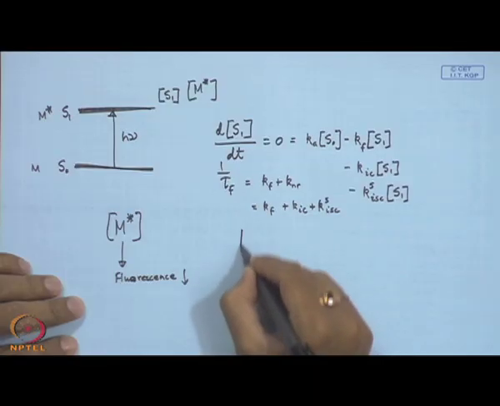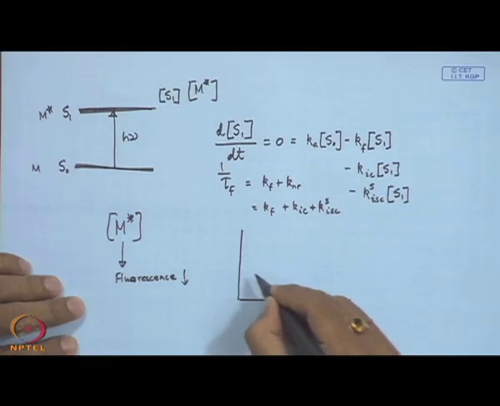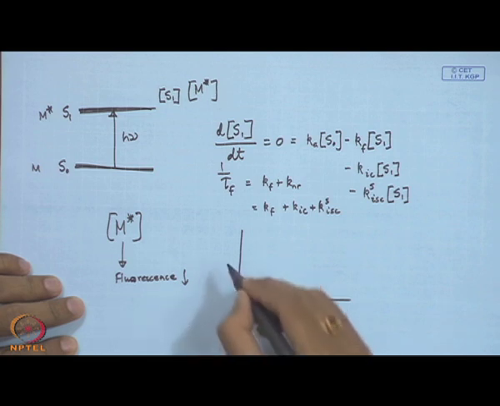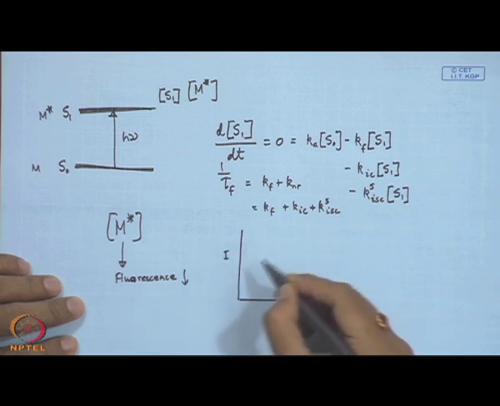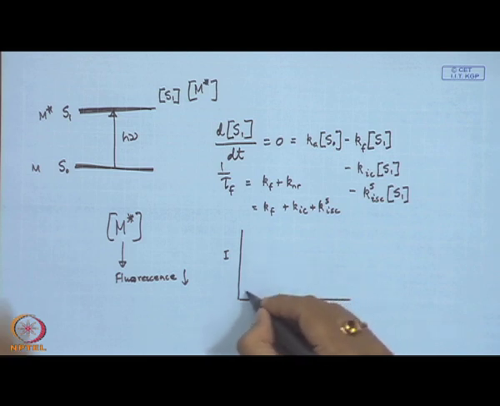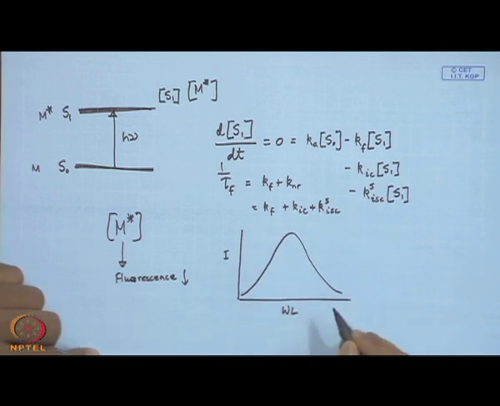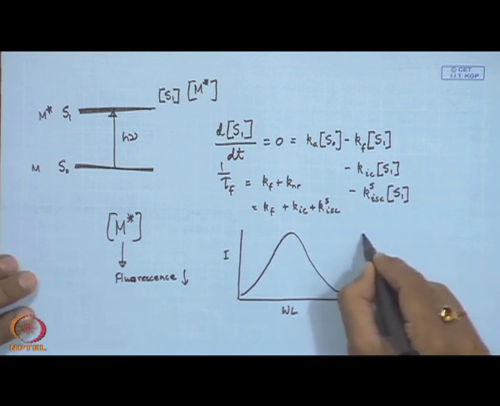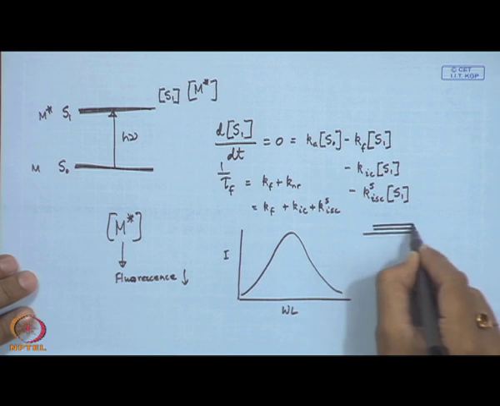Ordinarily a general fluorescence spectrum, with wavelength on this axis and intensity on this axis, is basically broad, because you have vibrationally excited states.